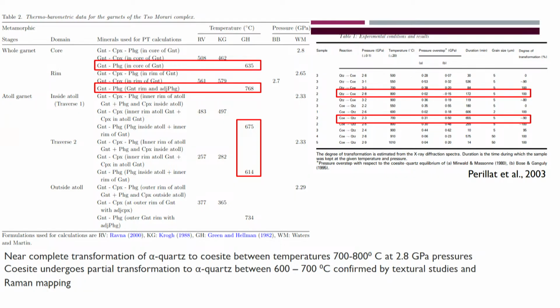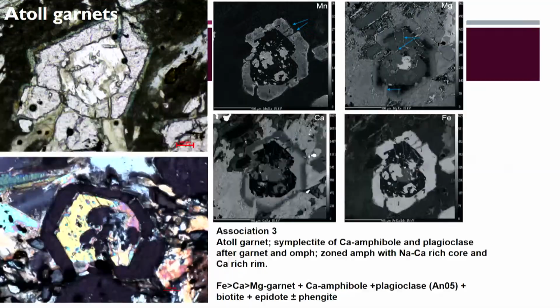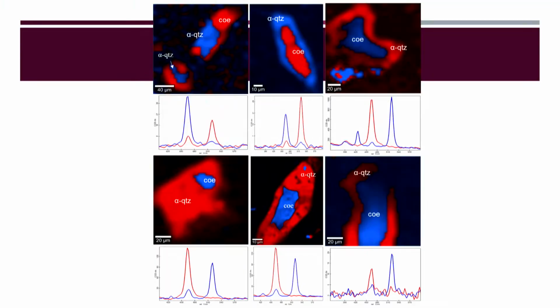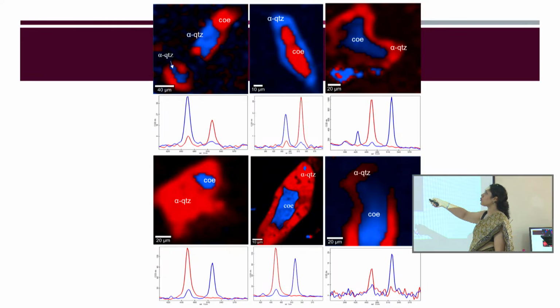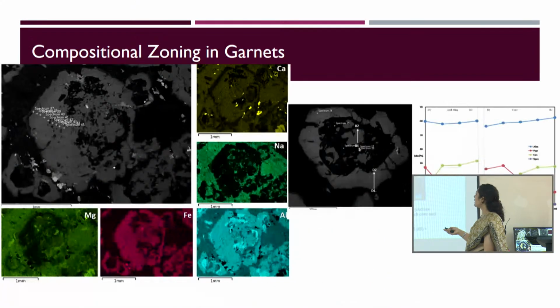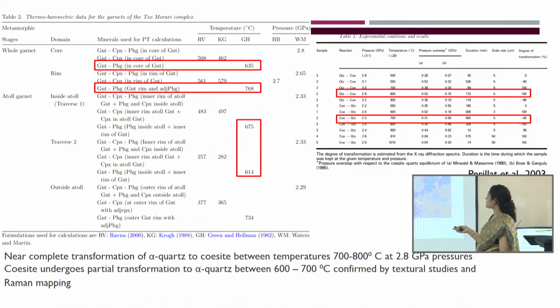Based on these Raman mapping images, we used an open source image processing software to calculate in this area how much coesite could ideally be present and how much quartz could be present. With those numbers, we then looked at what the experimental data says.